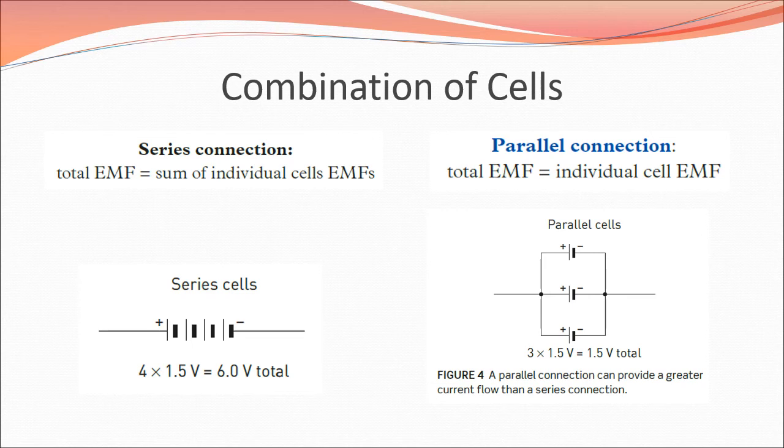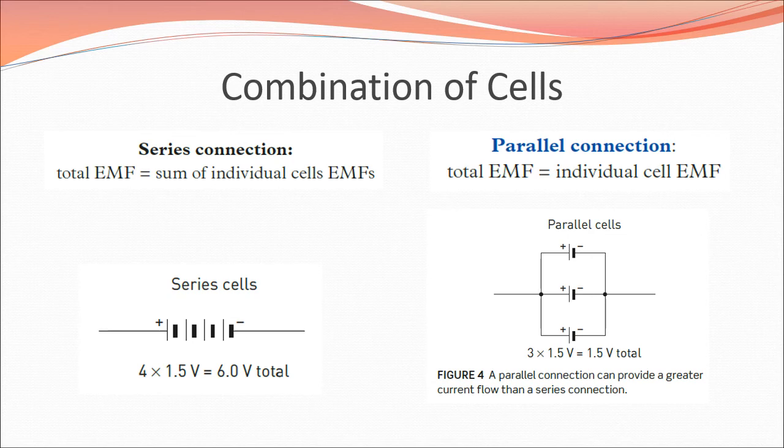However, when we add batteries in parallel, if you consider a single electron, when it gets to this junction of the 3 positive terminals, that single electron can't flow through all 3 cells at the same time. So our electron will choose to go through either the top cell, the middle cell, or the bottom cell. And you can see that it will only ever pick up 1.5 volts of EMF.